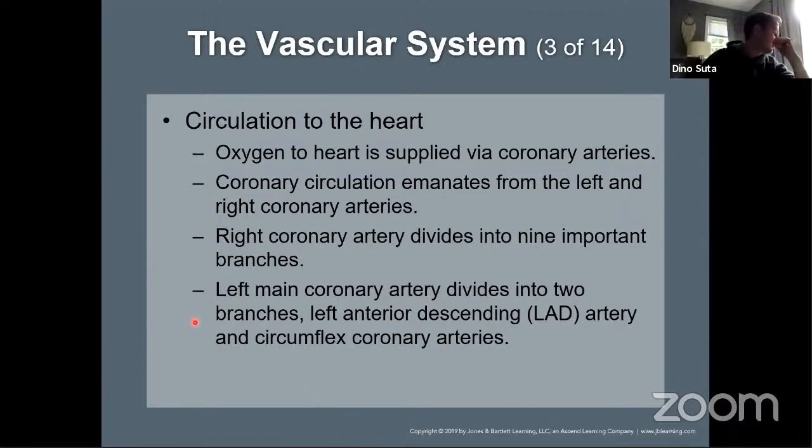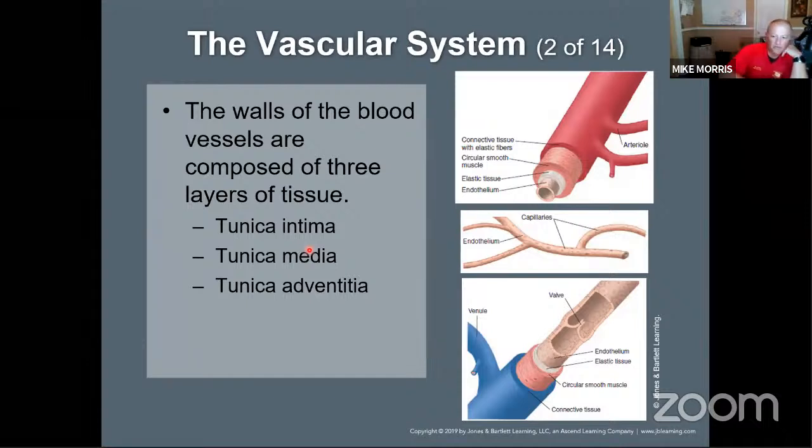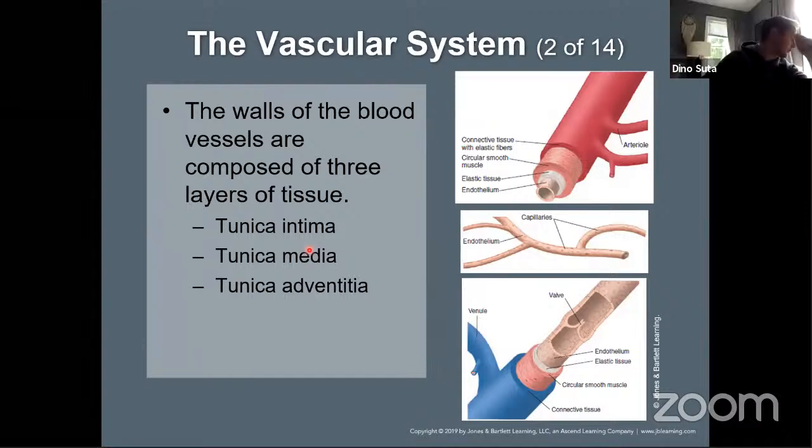Sure can. The book uses different terms for these 3 layers. One's probably a vein, one's maybe an artery. It says the walls of blood vessels are composed of 3 layers: endothelium, elastic tissue, and connective tissue. Yeah, you're right. One's an artery and one's a vein. Okay.